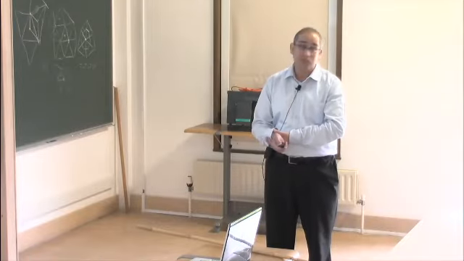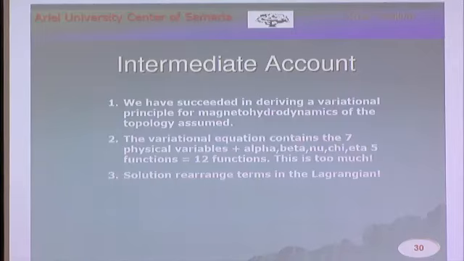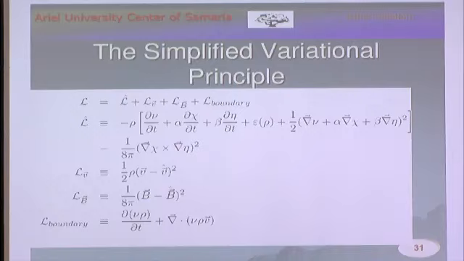Well, the solution is you rearrange the terms in the Lagrangian. So that's the same Lagrangian as before, but now we dissect it into different sectors. We have this LV and LB, which are only functions of V and B. We have L hat, which is only dependent on the potentials.